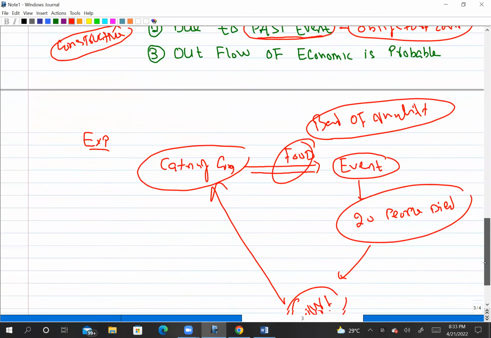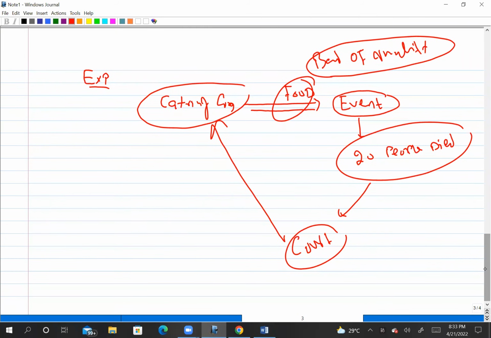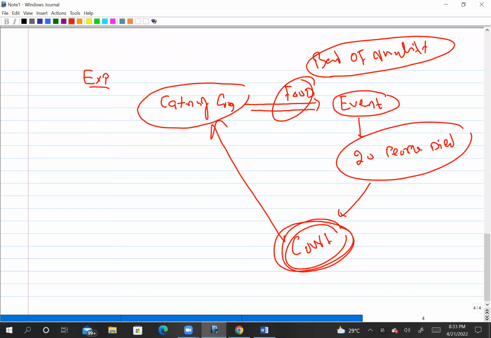Now, in my example, your lawyer has told you that you have a present obligation, you have to give the compensation, but the final decision will be given by the court, and the court can take 6 months or a year to finalize the case. So the timing is uncertain, and the amount of the fine will be decided by the court, and it is up to the court whether the fine is $1 million or $20 million.